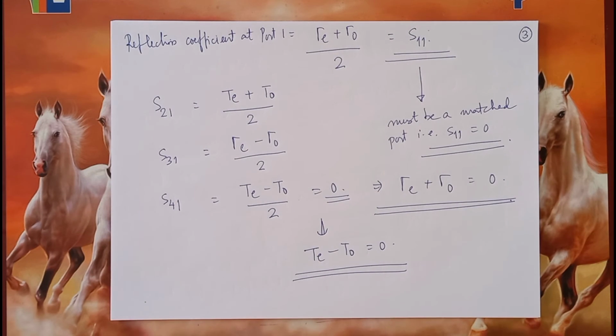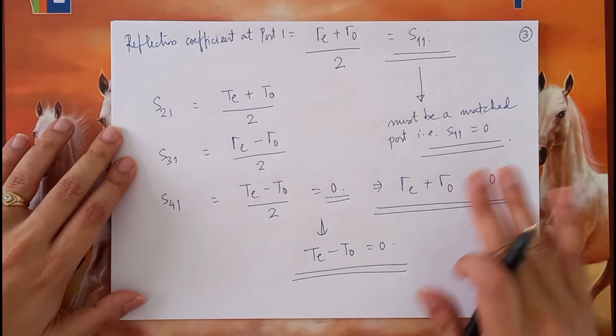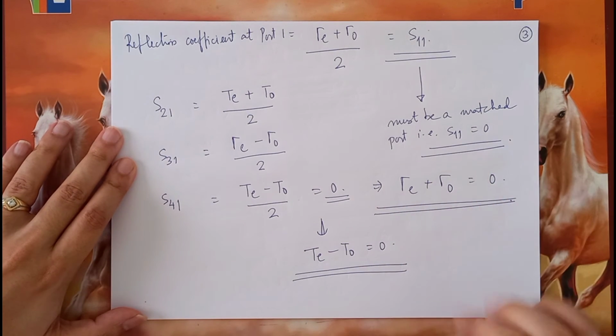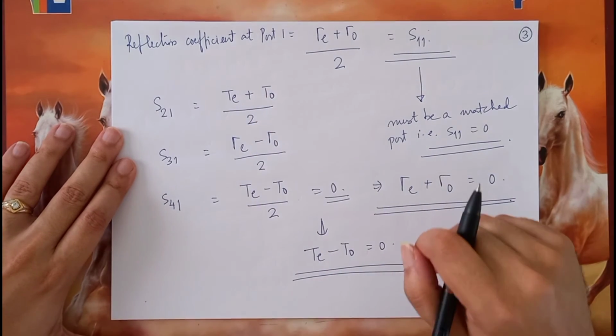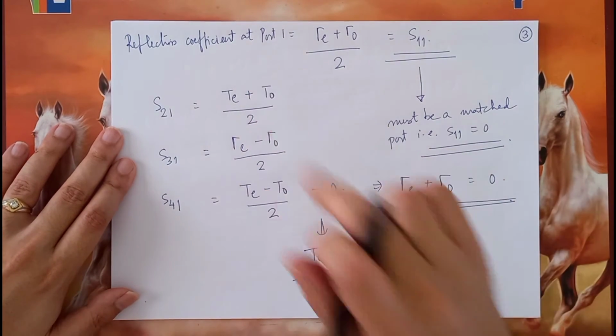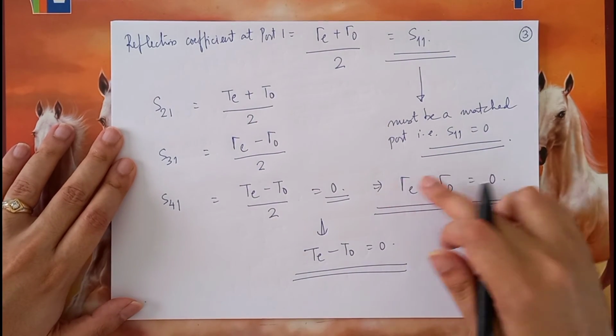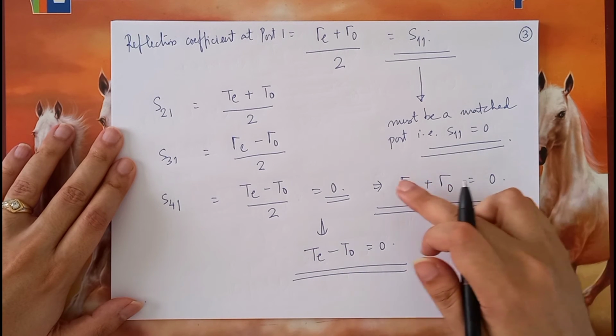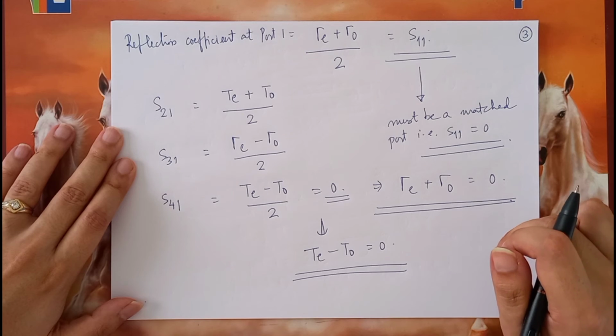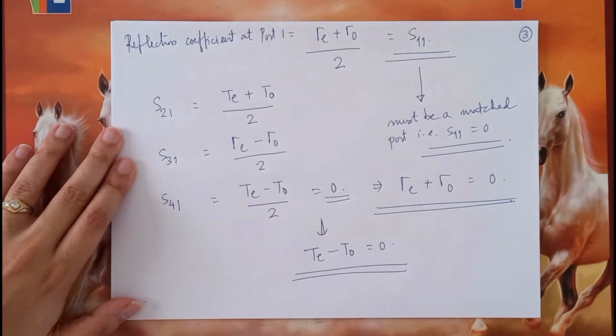So, in this case, we have essentially got two equations, but that is not giving us too much of a headway. We still don't know what S21 and S31 are. For complete knowledge, we need to find out gamma E, gamma O, and TE and TO. Once we know gamma E and gamma O, we can find out S11 and S31.